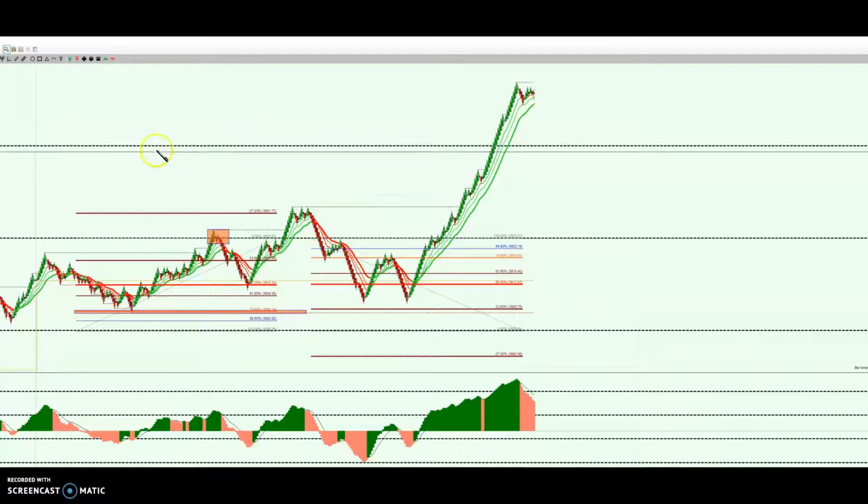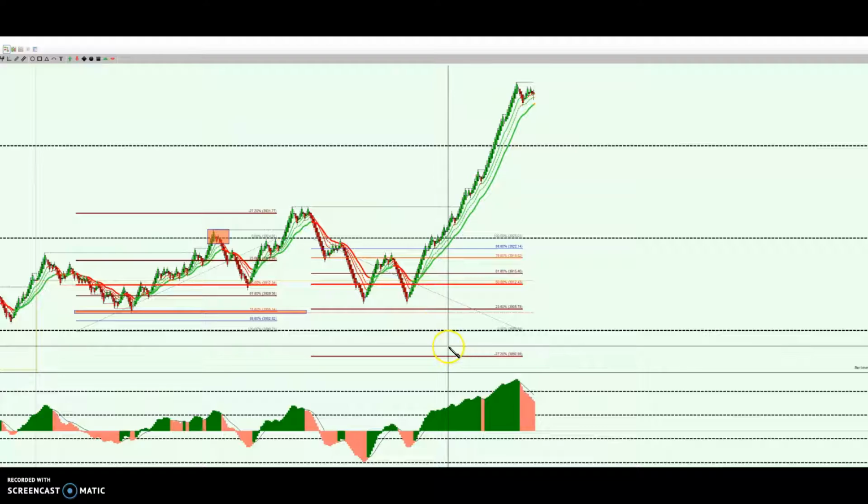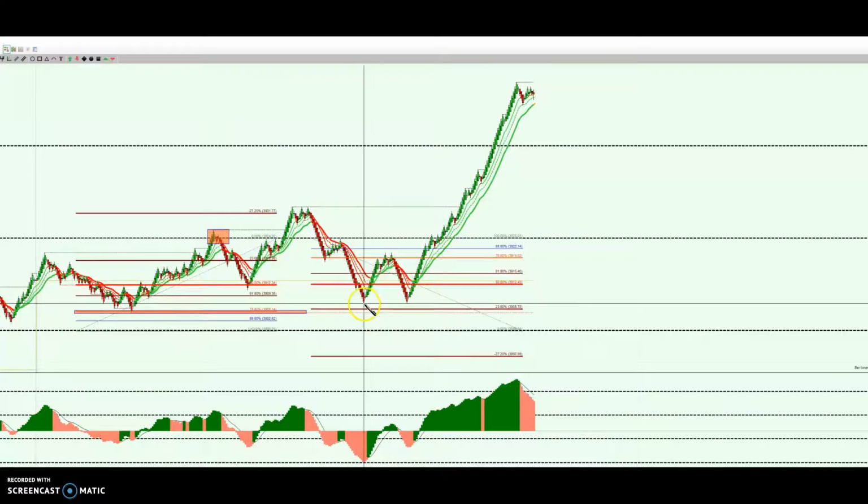Now, you don't want to be blindsided to think that, okay, she's going to the quarter point. No, we have to still respect market structure. Okay. On this second attempt down to the quarter point, she puts in a double bottom, which is also a W bottom.